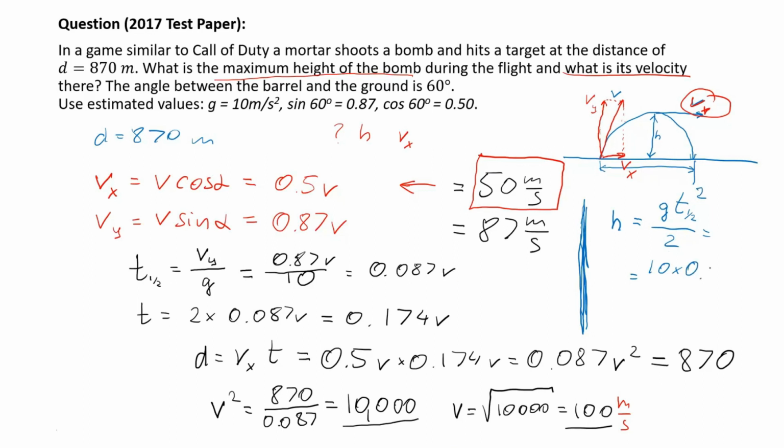So 0.087 times V, we now know that this is 100, okay? And this has to be divided by 2. So I have 10 times 0.87.